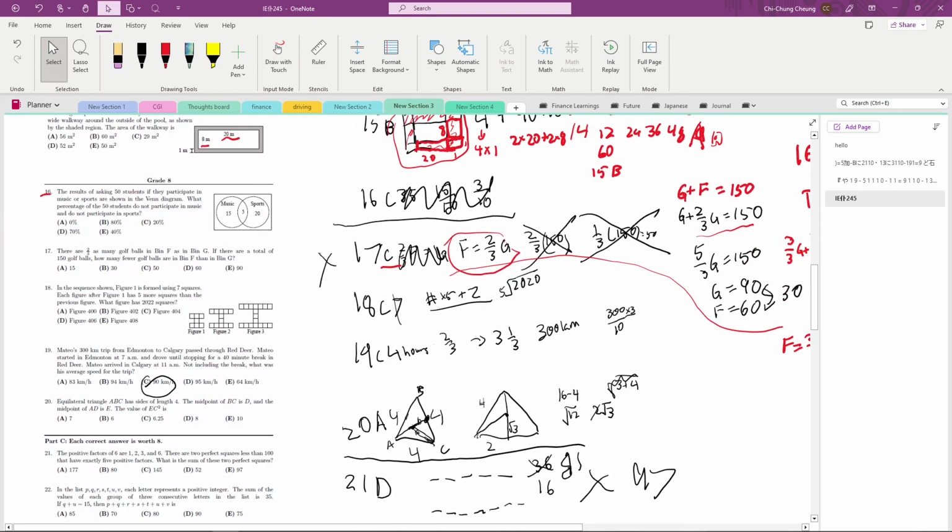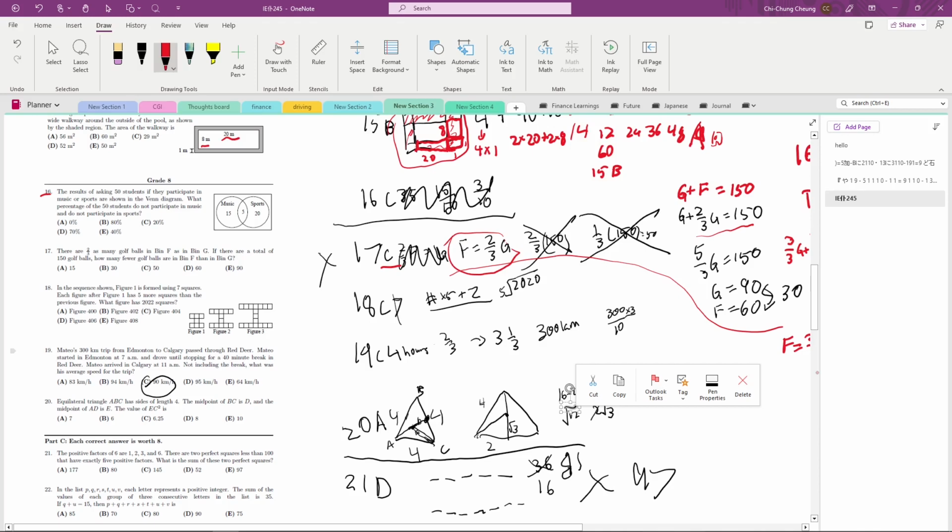Next, yeah, it's another mod-ish question. So figure 1 is formed like that, figure 2 has 5 more squares. What figure has 2022 squares? Okay, so let's see. I think I did it fine over here.